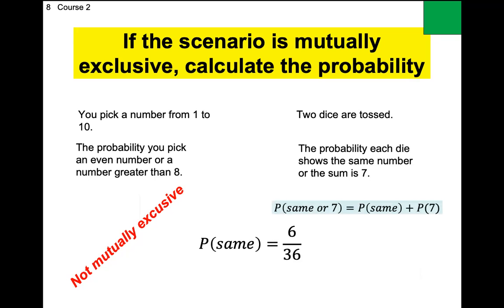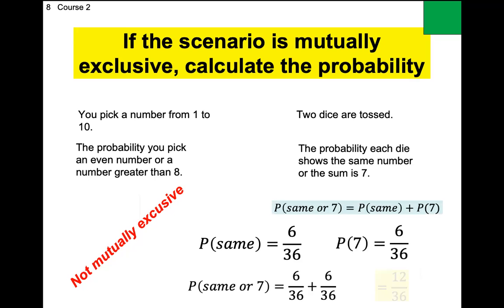We get 12 out of 36, which reduces to 1/3, which is 33%. Not truly likely, but not unlikely either. 1%, 2%, that's not going to happen very often. 33%, every 3rd time this is going to happen.